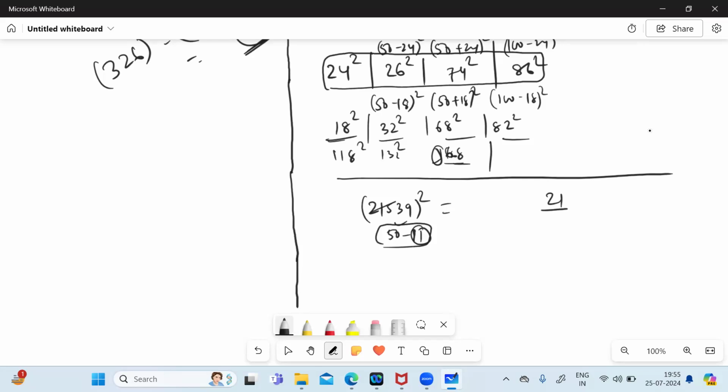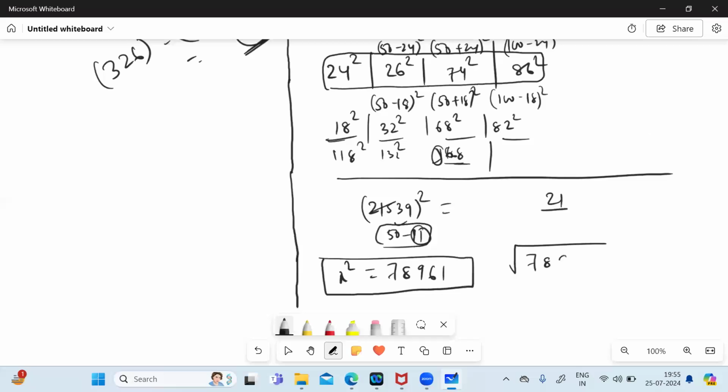There is a square, 78961. So x square is 78961, and you need to find x. Basically, root under 78961. How can we calculate the square root of this without using any square root calculation trick or formula?